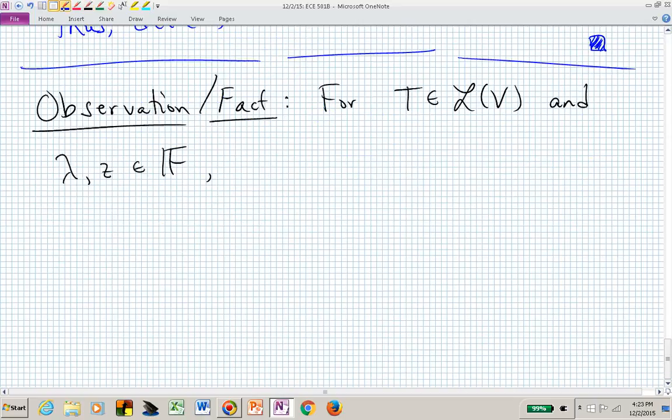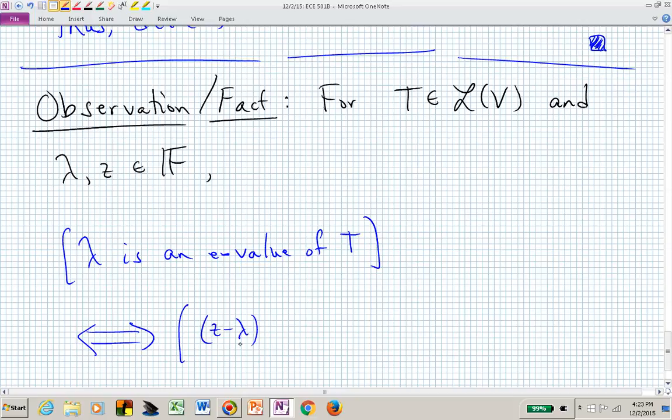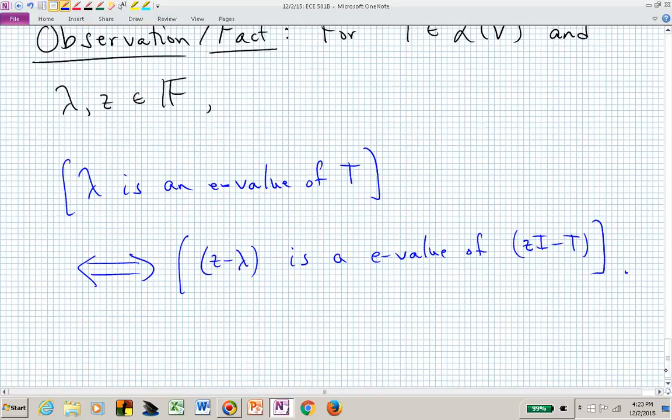Then what we want to say in this fact is, if lambda is an eigenvalue of T, then that's equivalent to saying that z minus lambda, that scalar, is an eigenvalue of zI minus T. So if lambda is an eigenvalue of T, then we can also say that z minus lambda is an eigenvalue of zI minus T. That's the fact.